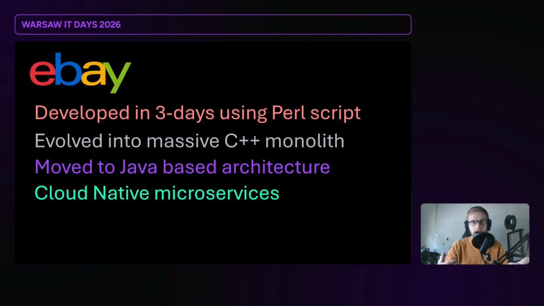And finally, now what we see in eBay is a cloud-native microservice architecture. Now, what's interesting about that, and I would recommend looking up Randy Shoup, who presents at some of the architectural conferences, talking through the whole journey of eBay.